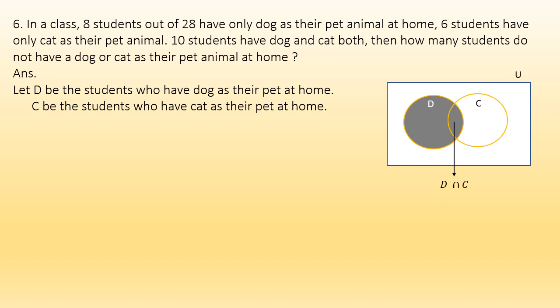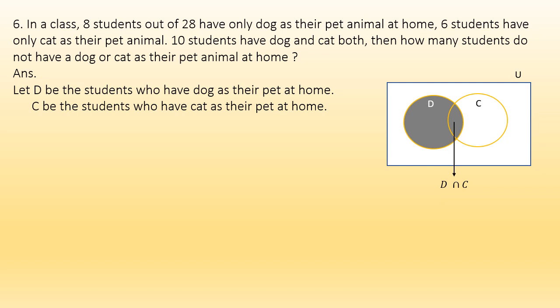Now we'll have to write the given part. The given part is we have students who have only cat, that is 6 students. 10 students have both. 8 students have only dog. Now when we consider n of D, D is the set of the students who have dog.